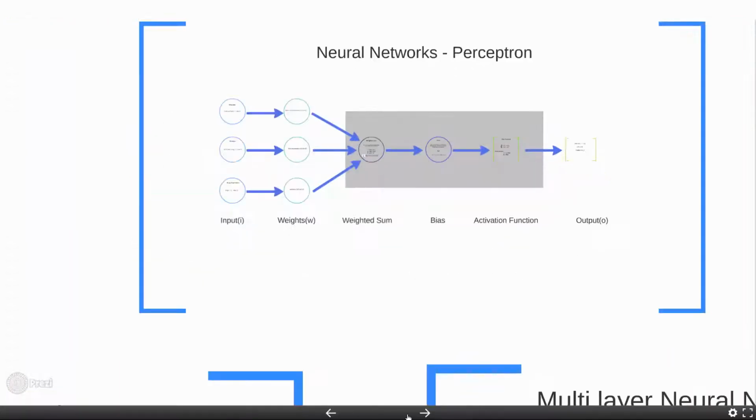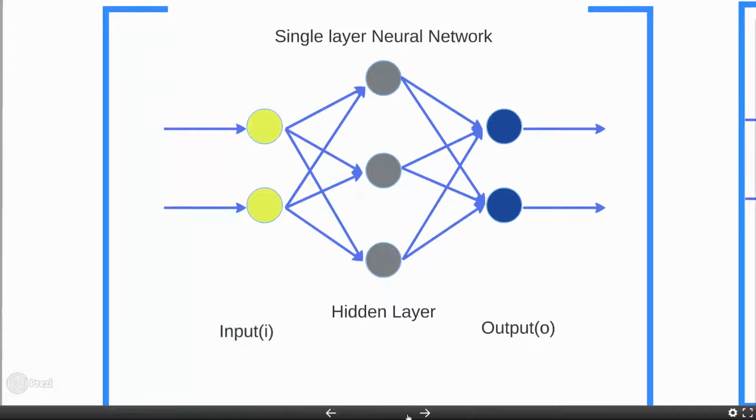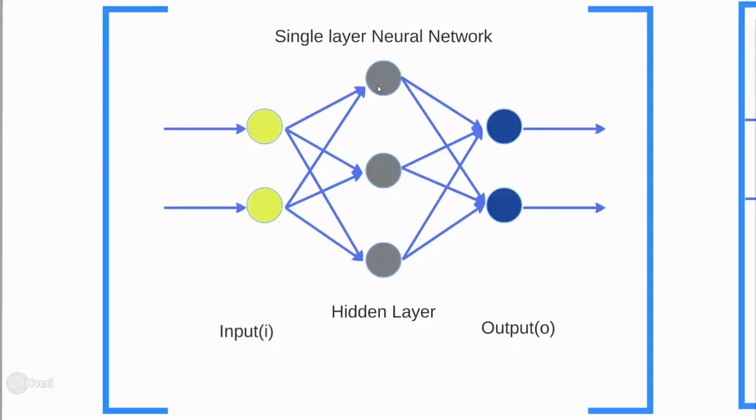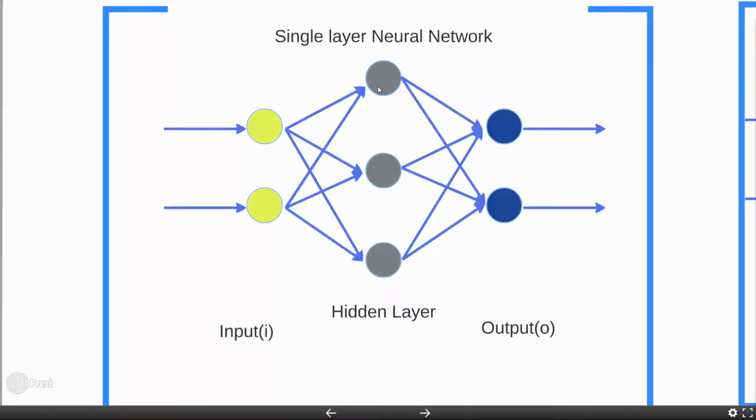All right. Now let's take a look at the single layer neural network. Now what we see here is we see the inputs, so the input stage remains, and we see the output, so the output stage remains as well. Each of these single dots is a neuron. So each of these dots has the weighted sum, the bias, and the activation function.